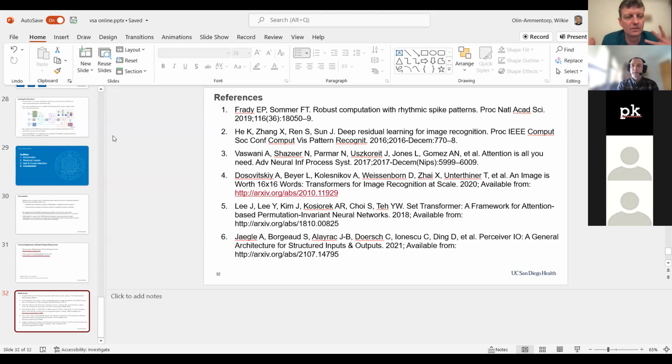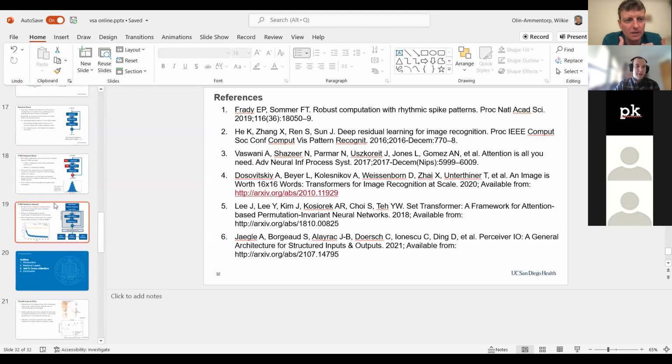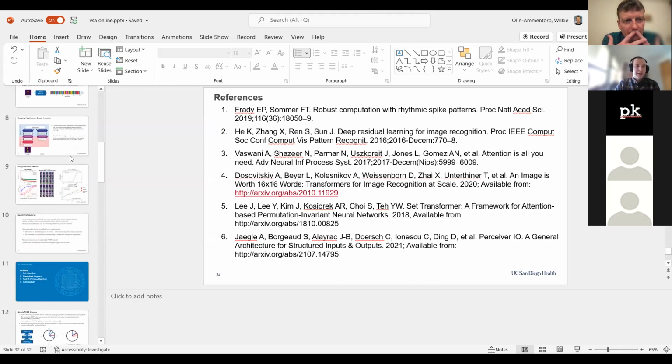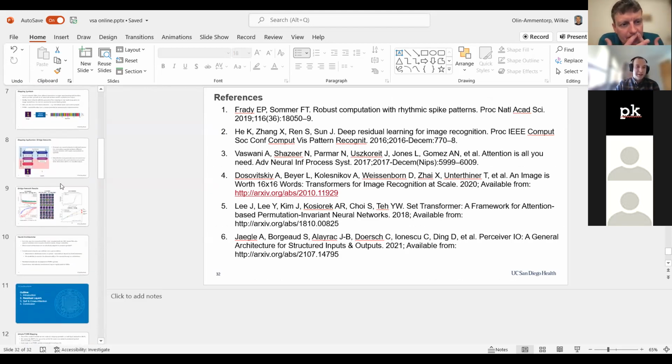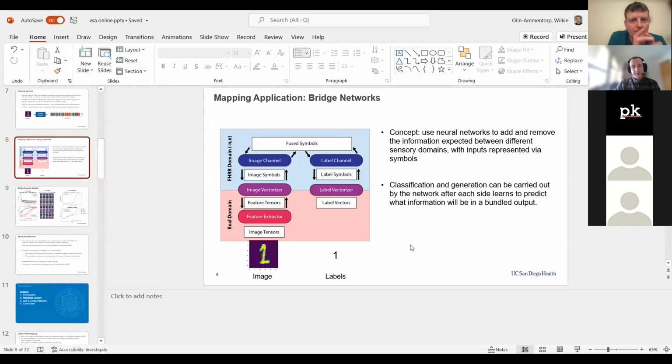Can you comment on how this goes together with the first part of your talk, when you presented this bridge network, generating the symbols? Maybe I have missed it somehow. Yeah, I'd like to connect it back to that. Here, we claim that this is something we can use for cross-domain learning.